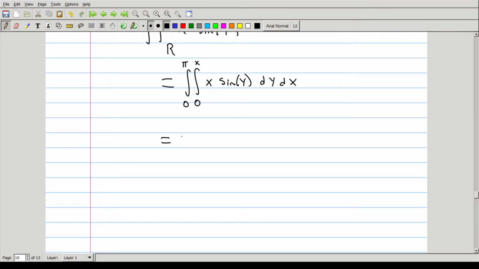We can simplify this by factoring out the x here, because it does not depend on y at all. This is the integral from 0 to pi of x times the integral from 0 to x of sine of y dy. This is our inner iterated integral.